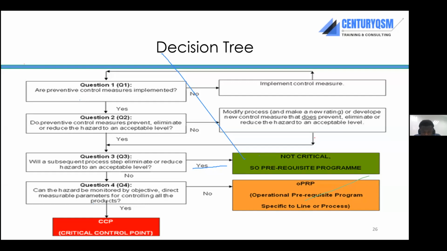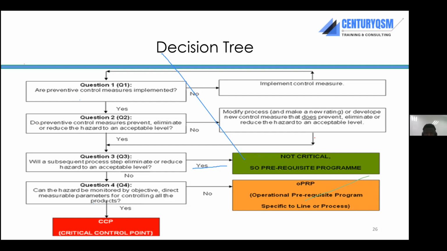Looking at question 3, it says, can the hazard be monitored by objective, direct measurable parameters? If you say yes, the control is there, and you're saying it's a CCP. But going by the statement that when you don't have any further control, it is a CCP, please help clarify that.